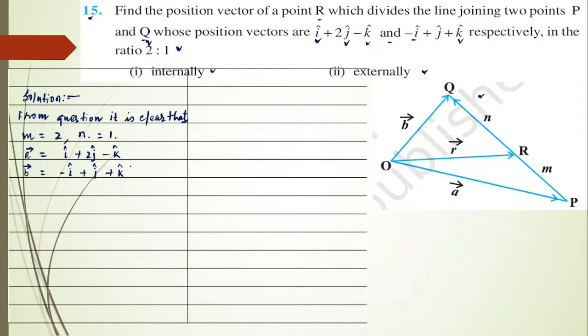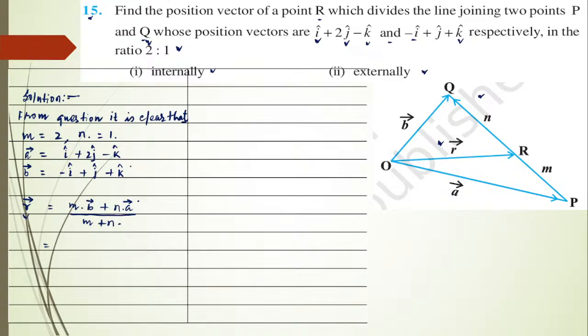In the case of internal division, vector r equals m into vector b plus n into vector a, by m plus n. I hope there is no problem understanding up to this stage. After putting the values of m, a and b, we get the value of r.